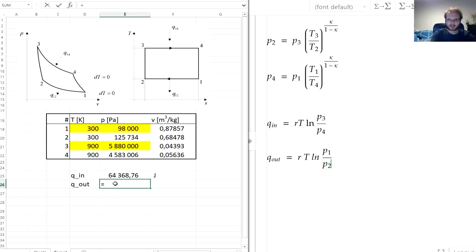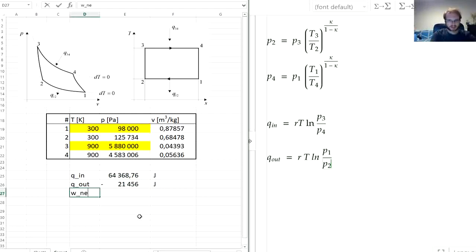So again, R times the temperature of the heat output times logarithm P1 over P2. And from this we get that this is positive, so it's the heat input into the cycle. This is negative, so it's the heat output of the cycle.